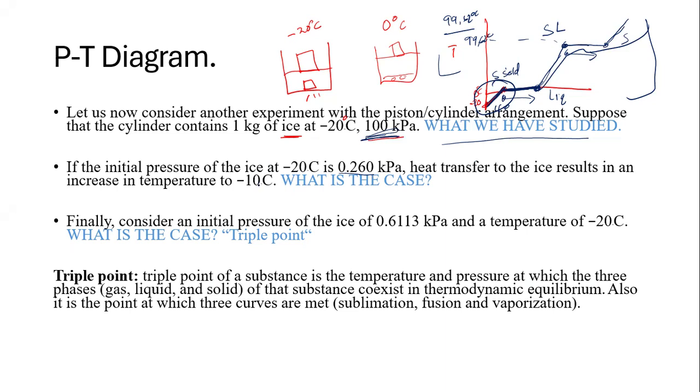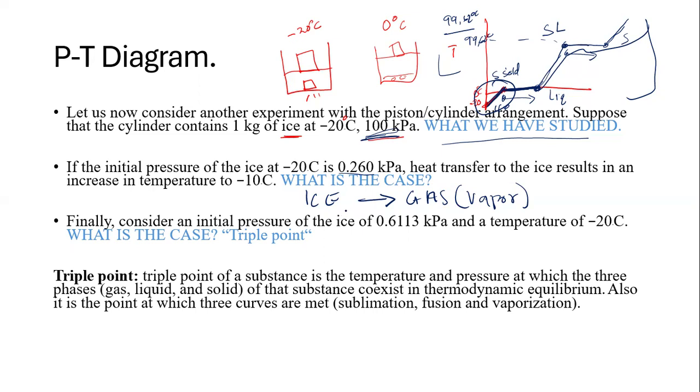So when this happens, this is what I want you to know. The ice will directly move to gas, or you can say the ice will directly move to vapor. That's what is actually going to take place. And this process of ice moving from ice to gas, meaning which stage did we pass?